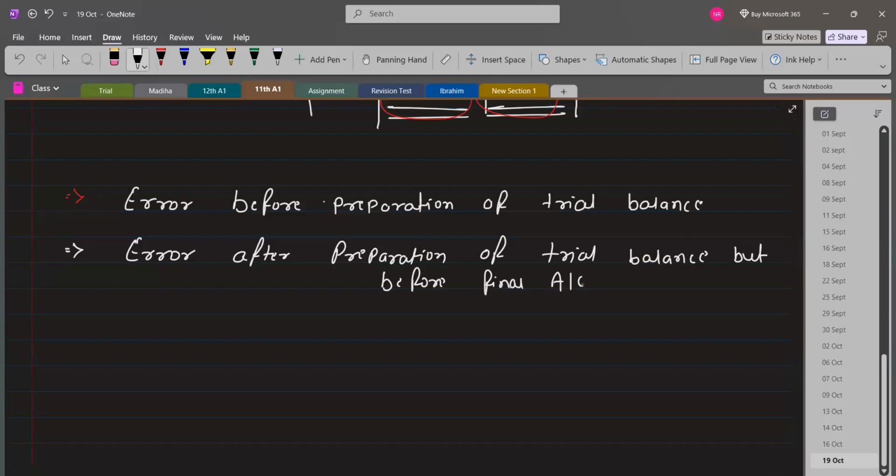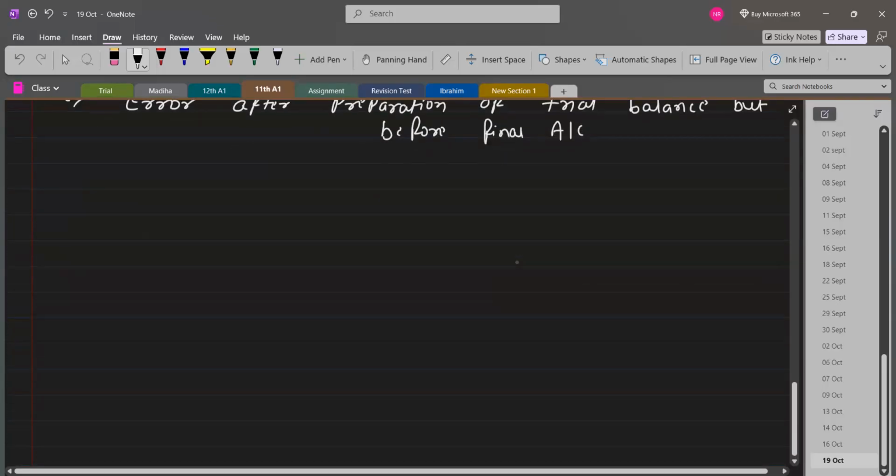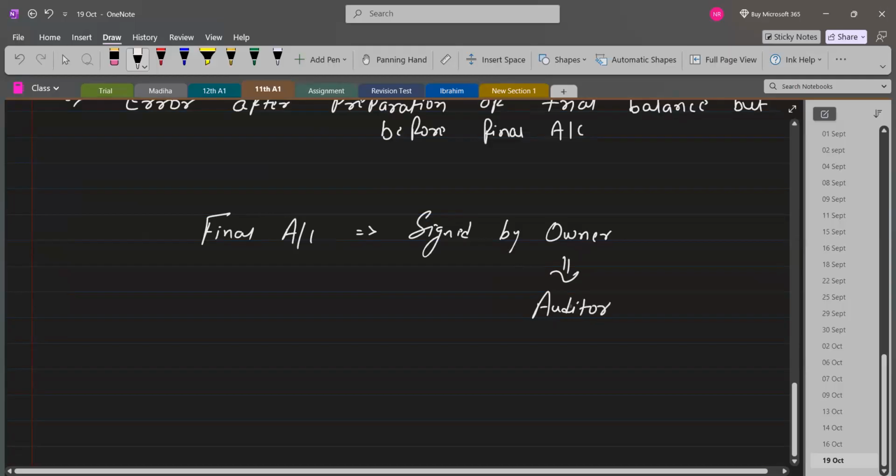And final account, if you don't know, just think about it. Final account, when it is prepared, it is signed by owner, then auditor, and if the business size is big, then it is submitted to the government also.